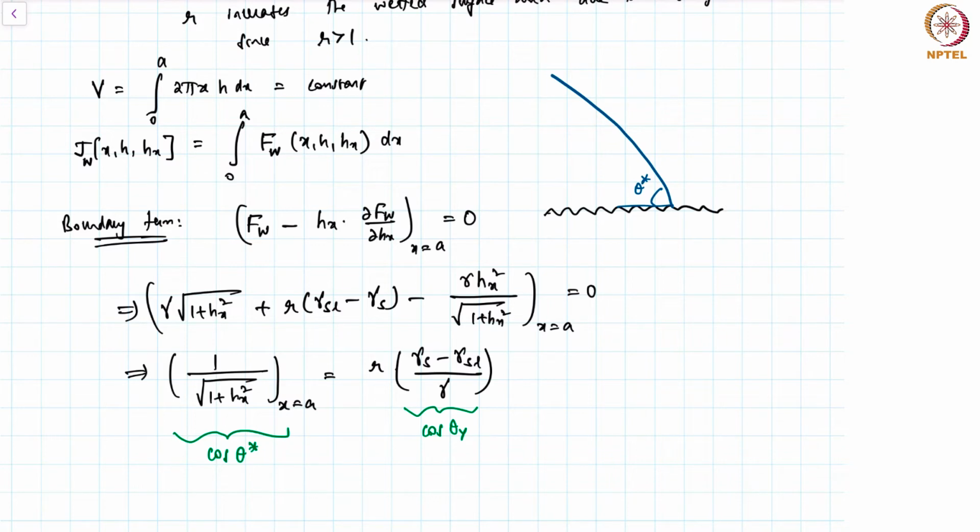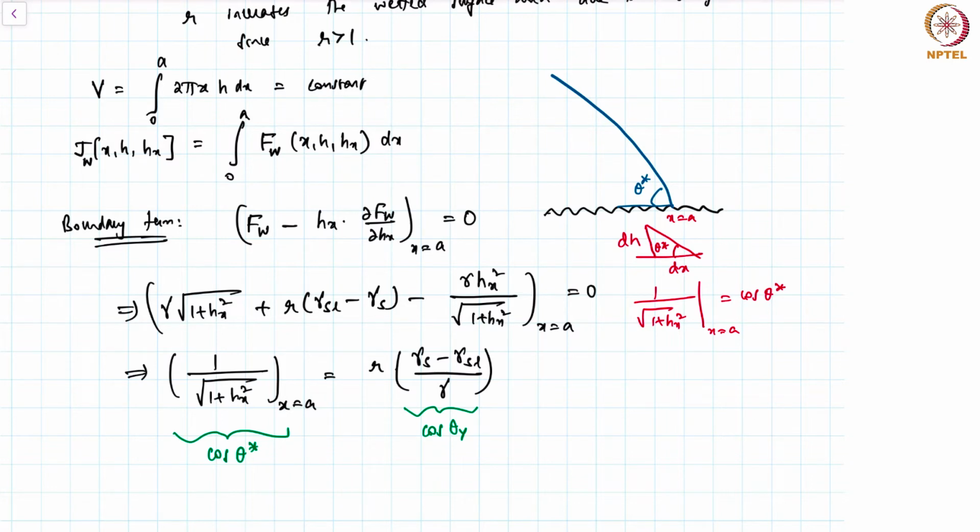So if you look at a small triangle again, this is dh and this is dx and theta star, then we have 1 by square root of 1 plus h_x squared, evaluated at this point x equal to a, which is cosine of this angle theta star.